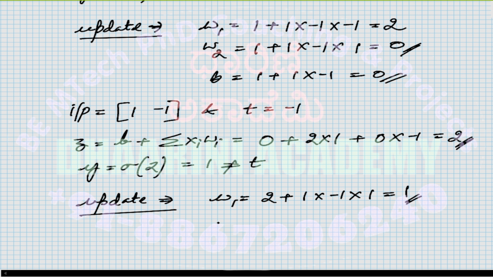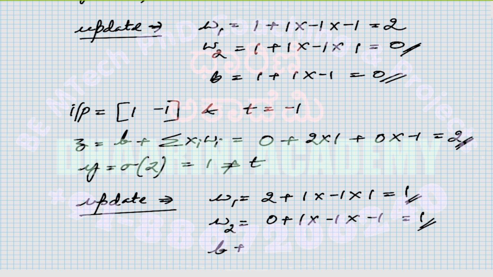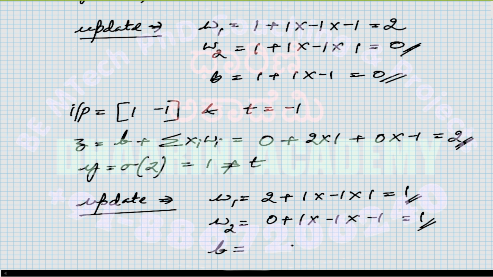Okay, then W2 is current value 0 plus alpha into target into this. So minus into minus is plus. My answer is 1. Are you okay? Then, okay, I'm updating the bias. So B is equal to present value 0 plus alpha is 1, target is -1. So this becomes -1.